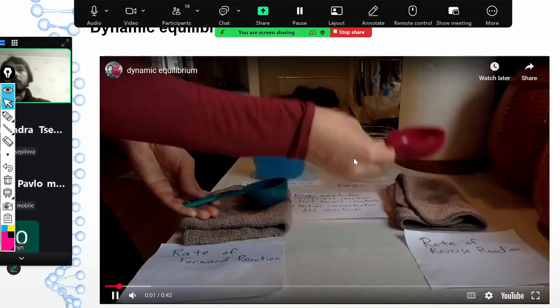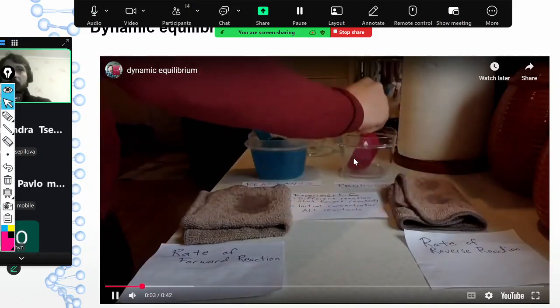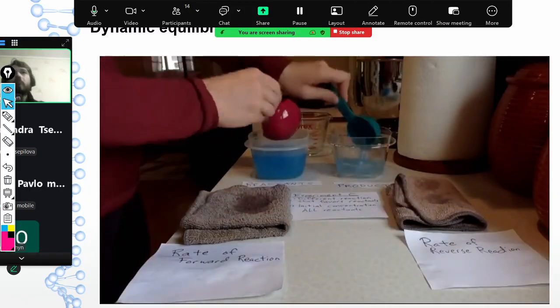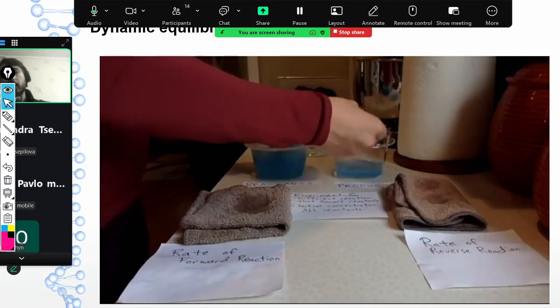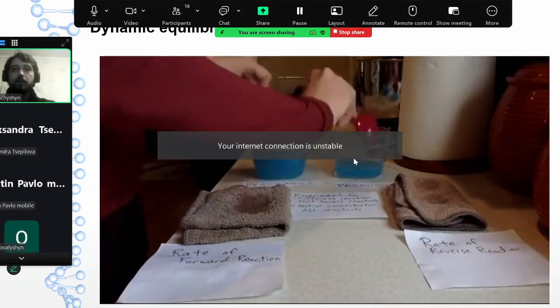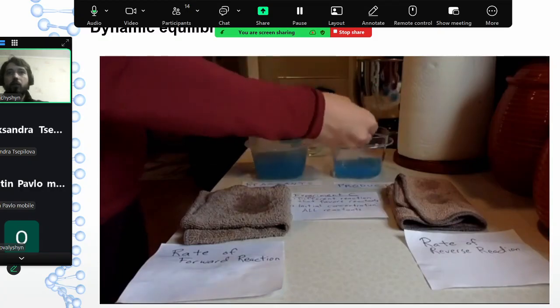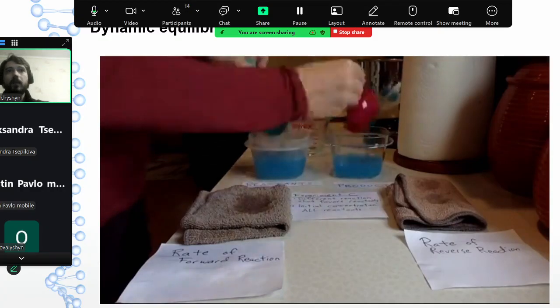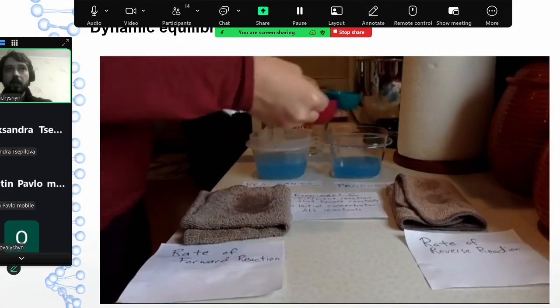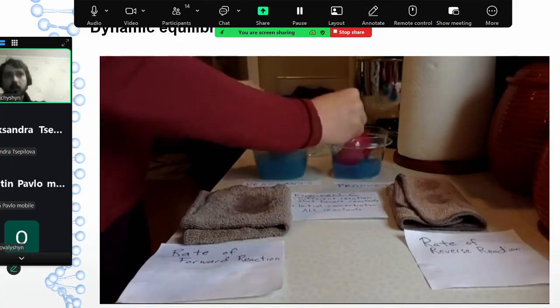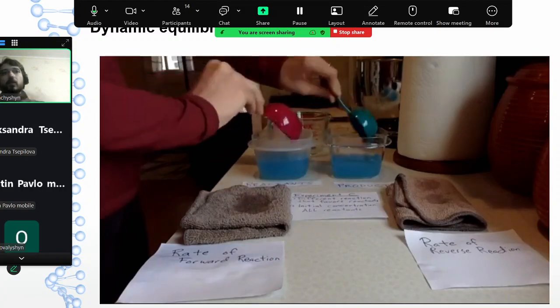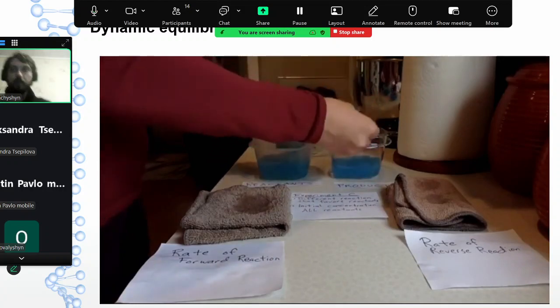So something is happening. Reactants are transforming to final products. Products are degrading to initial reactants. But if you look at that long enough, you understand that at some point an equilibrium is achieved, and as much liquid as you get from left to right, the same amount you get from right to left.